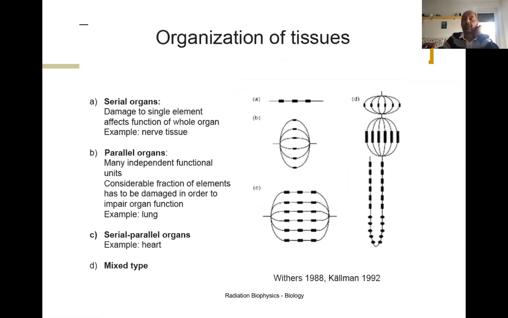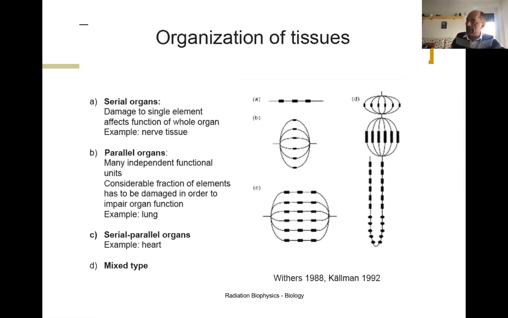The tissue can be serial, parallel, or mixed type. Examples of serial organs are in the nerve tissue, the spinal cord, the nerves. The esophagus is a serial organ, the colon is a serial organ.